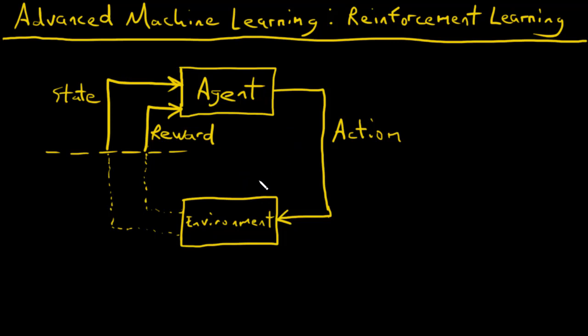So what's going to happen? Well, the agent is the entity that's going to be navigating in the environment. And the whole goal of the agent is to maximize the reward and minimize the punishment. Typically, I mean, I don't know why you would go the other way, but I guess you could.